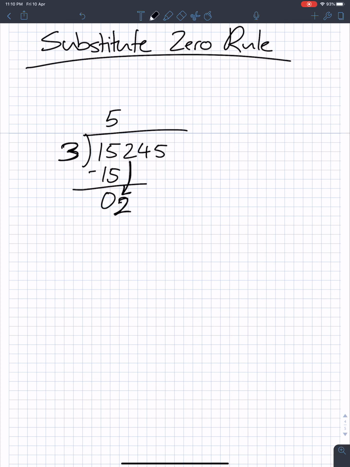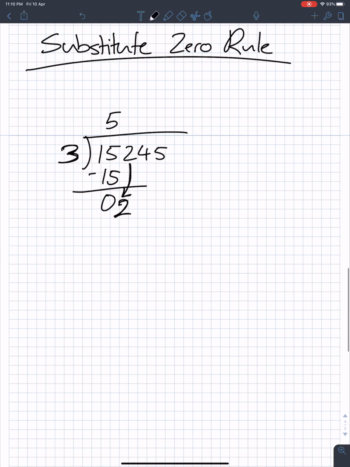So the zero substitute rule comes here, and if we put a 0 here, we're allowed 1 0 to put down. So as long as we put down a 0, we can put 1 0 down here. Now you might be thinking, well, why can't we put a decimal point, right? Why can't we just put a decimal point and then we'll be allowed 3 zeros? But remember, you can only use the decimal point if you have no numbers left.